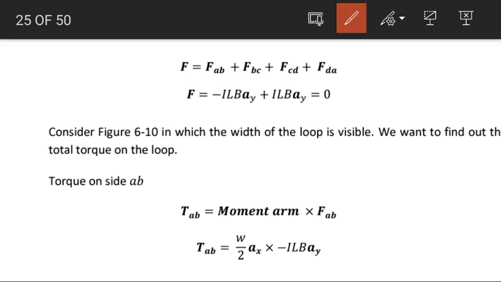So we consider the torque on side AB. The torque on side AB will be equal to the cross product of the moment arm and the force FAB. As you have seen in the diagram, the moment arm of side AB is W by 2 aX, and the force on side AB is minus ILB aY.